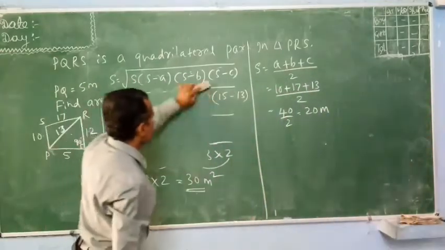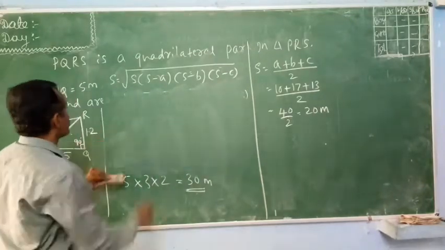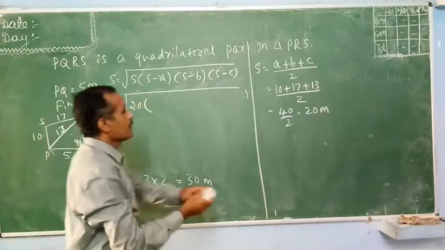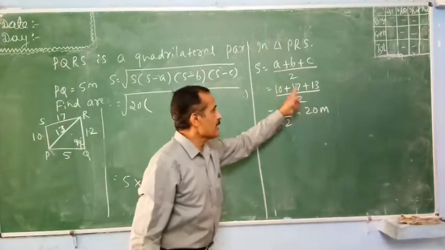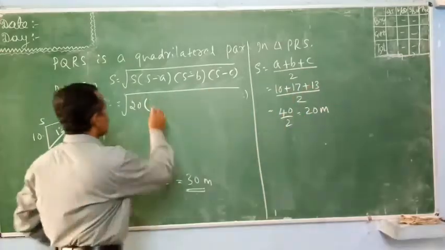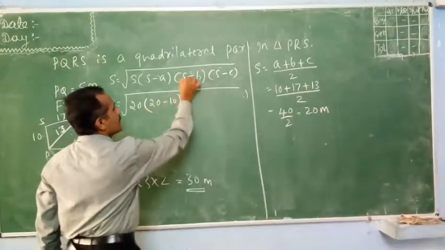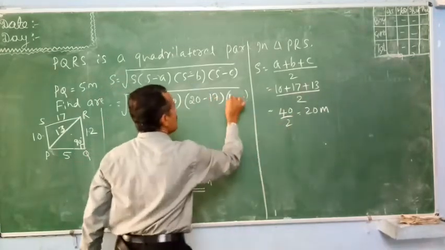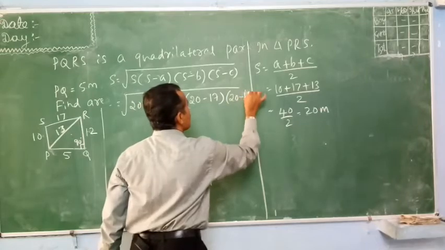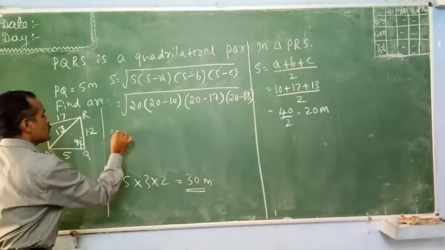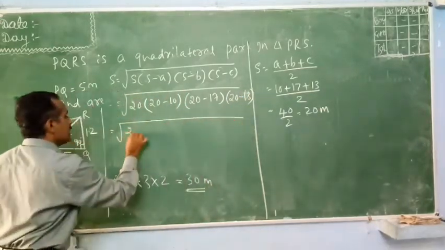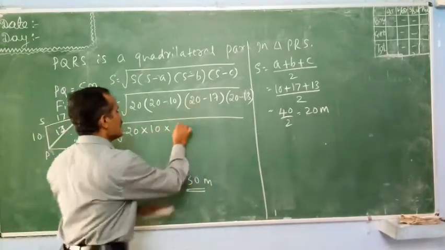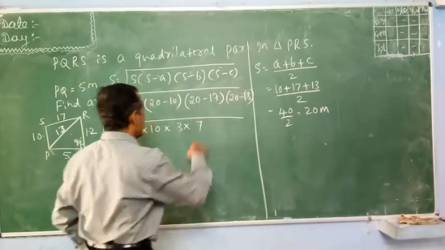Again, I will apply the values here, which is equals to under root S into S minus A, 20 minus 10, S minus B, 20 minus 17, S minus C, 20 minus 30, which is equals to under root 20 into 10 into 3 into 7.